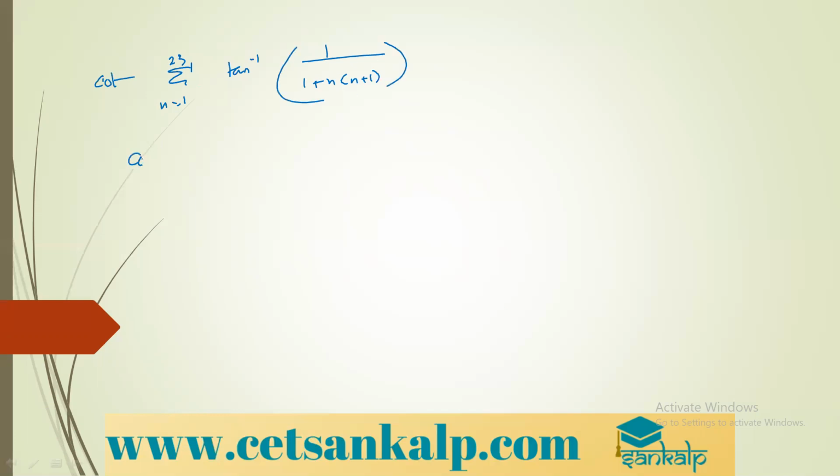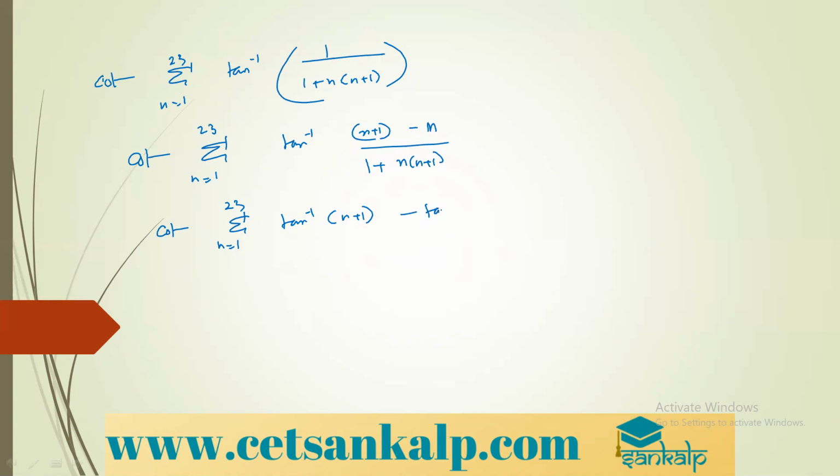How can I break this? I can write it as tan inverse of n plus 1 minus n by 1 plus n into n plus 1. This will be the sum n equal to 1 to 23 of tan inverse n plus 1 minus tan inverse n.